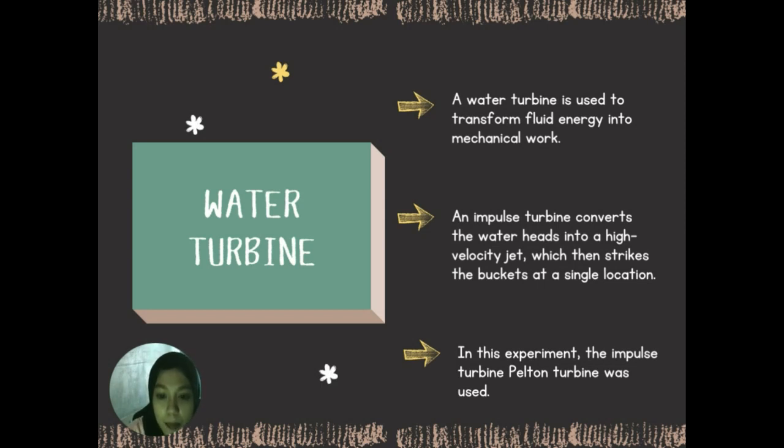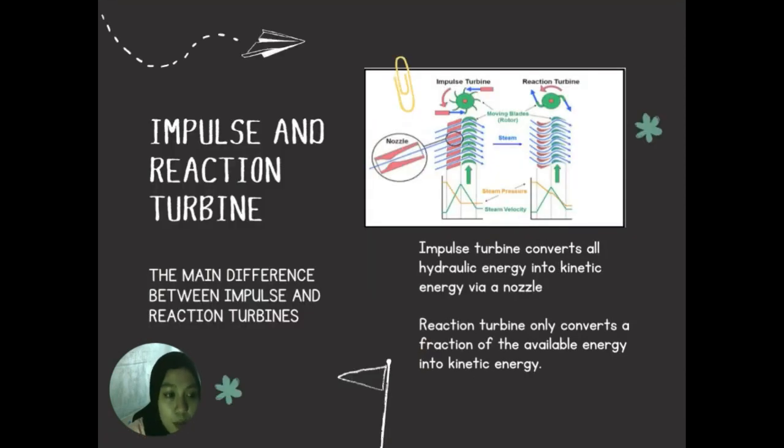Also, impulse turbines are well suited to high-head, low-power applications. So in this experiment, the impulse turbine, the Pelton turbine, was used. So we move to the impulse and reaction turbine.